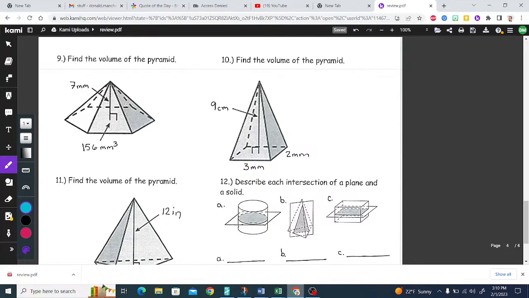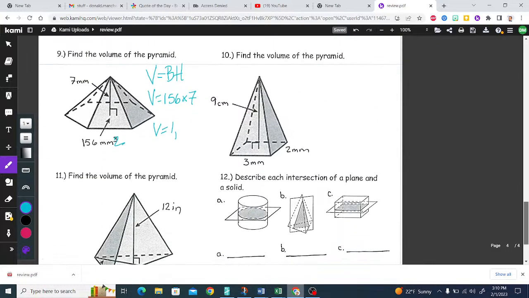Over here, this should have been squared. I miswrote that. But again, volume equals area of the base times the height. They give us the area of the base is 156 times 7. And so that's 156 times 7, 1,000... Oh! This is a pyramid. The last one wasn't a pyramid. No. This is a pyramid.